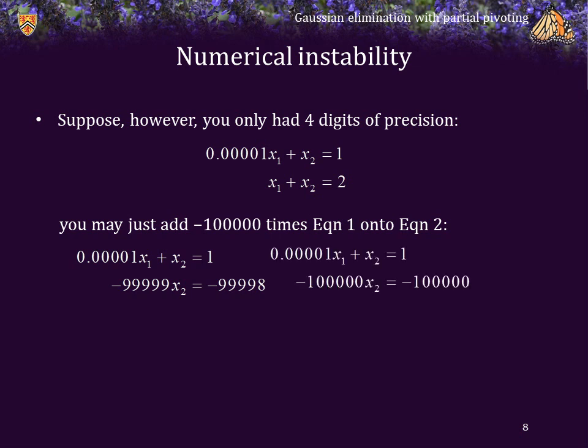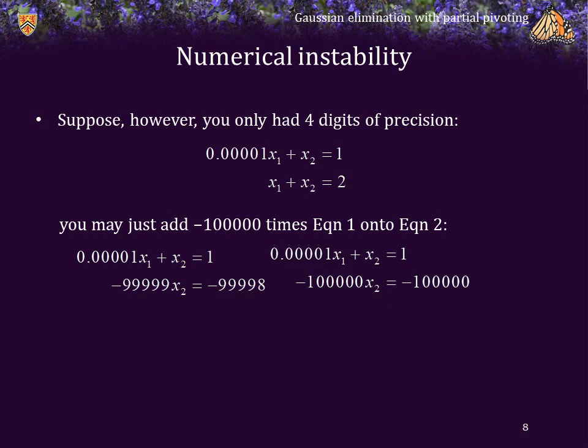Unfortunately, in this case, that number is exactly 100,000 or negative 100,000 in both cases. Well, all right, not a problem. That's pretty good. However, if we now solve for x2, we get that x2 is equal to 1.